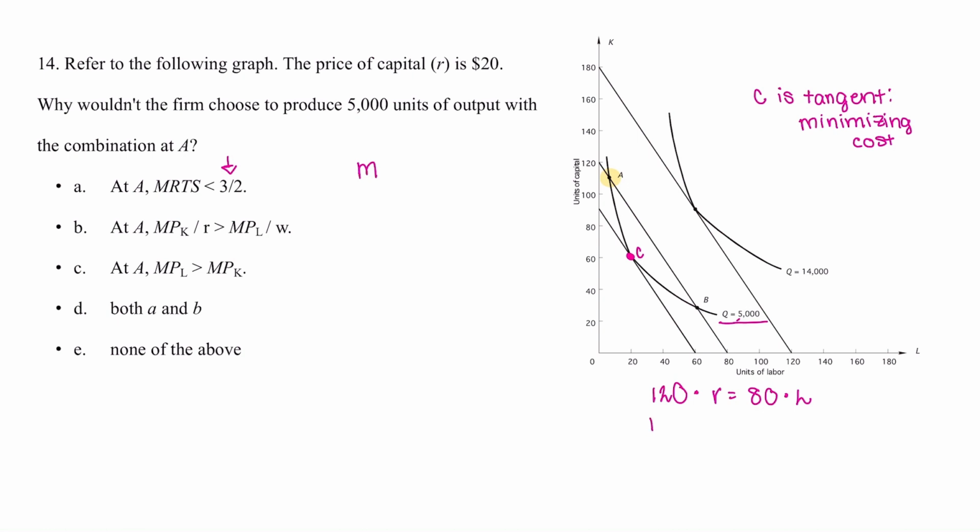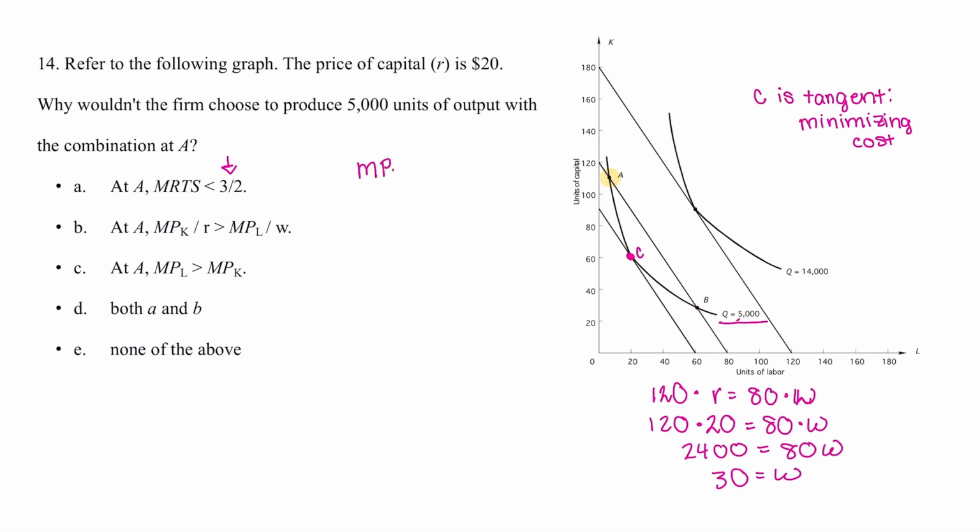And we have 120 times 20 equals 80 times W. So that's going to be 2400 equals 80W. So 30 equals W.